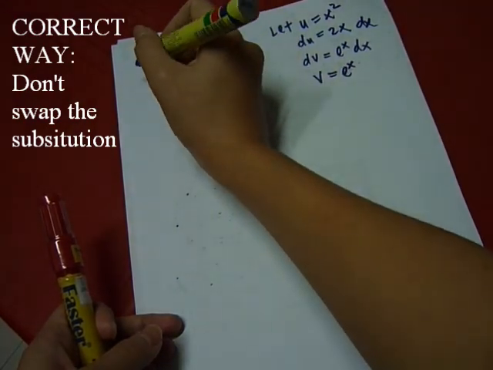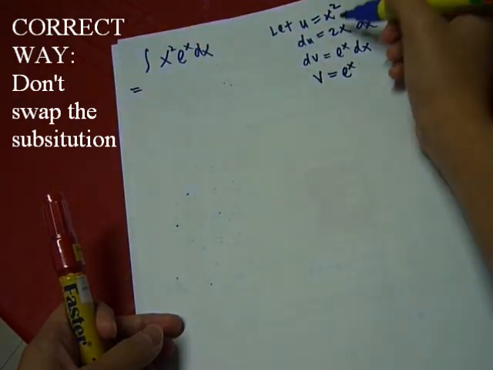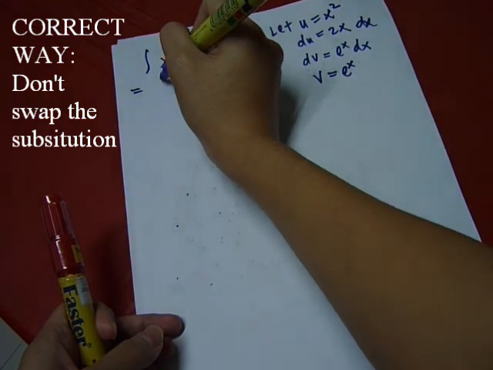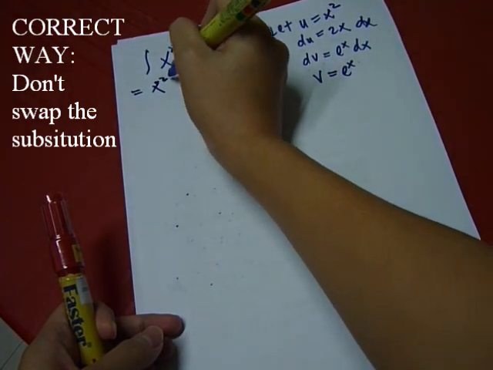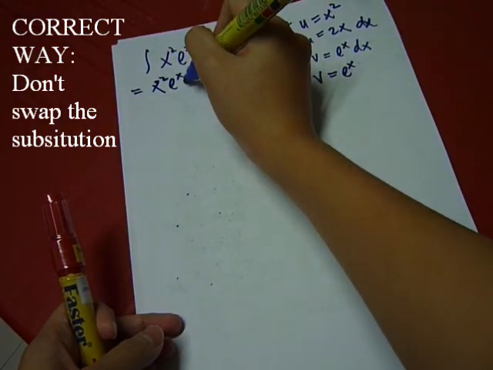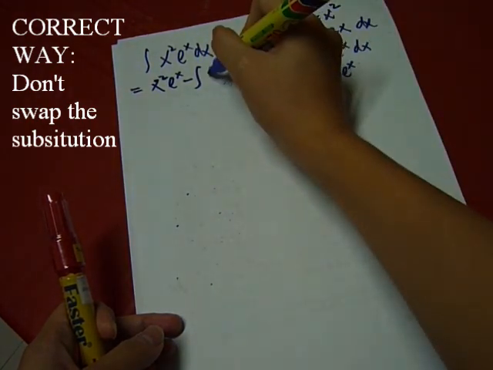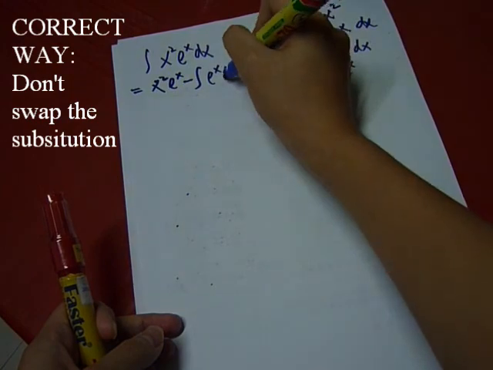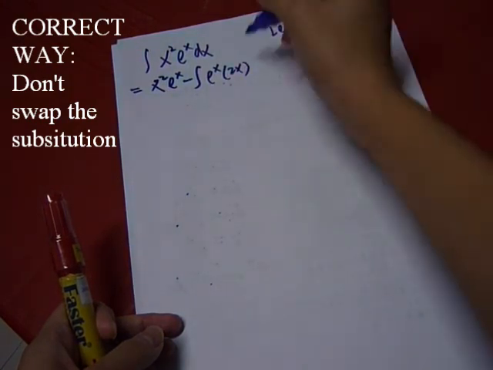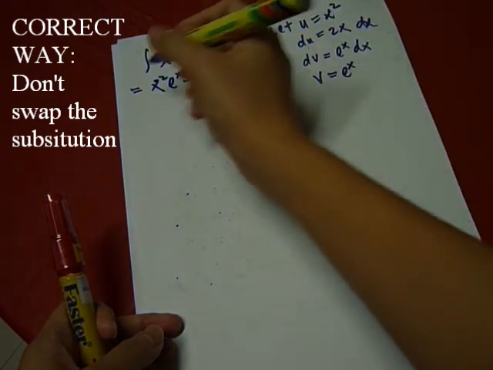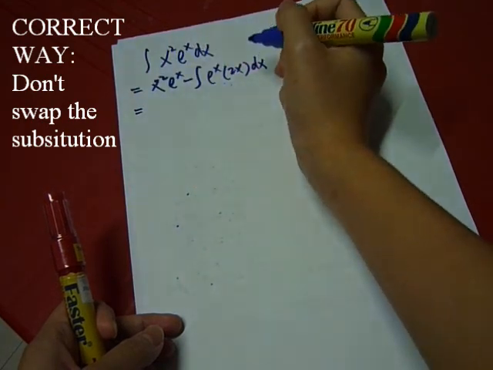So apply the formula uv minus integration v du.